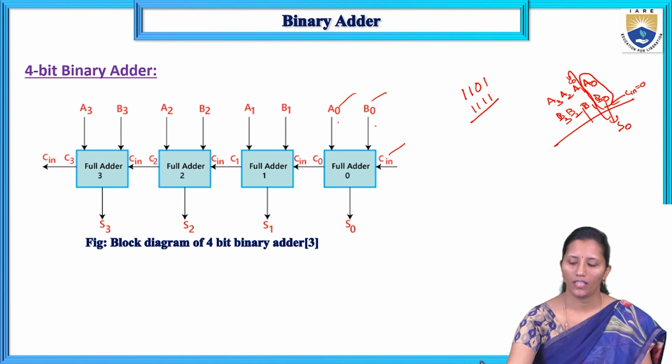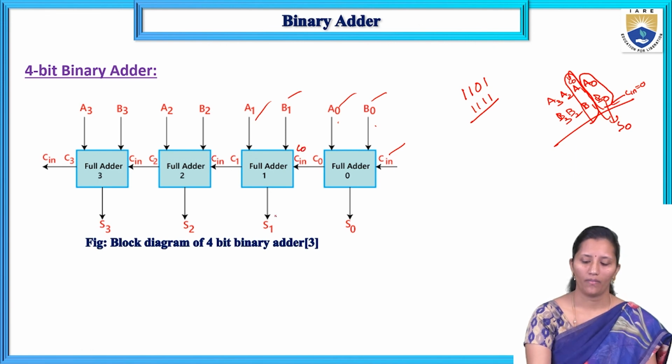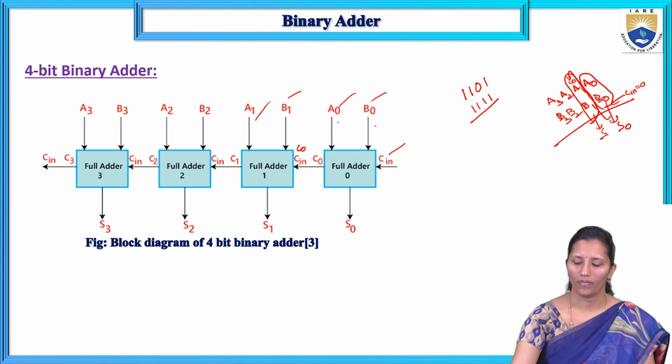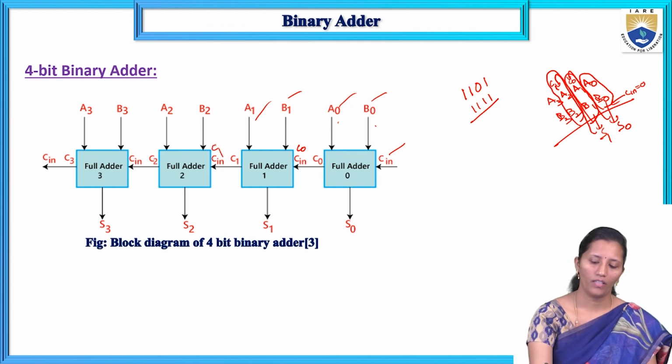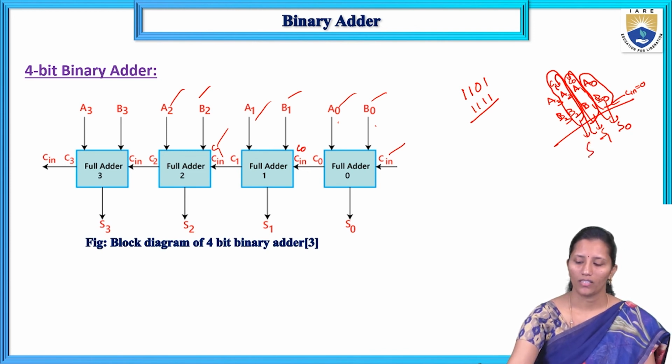C0, A1 and B1 are the inputs to the next full adder, where we get the sum S1 and the carry is forwarded to the next stage, C1. C1, A2, B2 will be the inputs to the next full adder. We get the sum S2 and the carry C2 is forwarded to the next full adder.